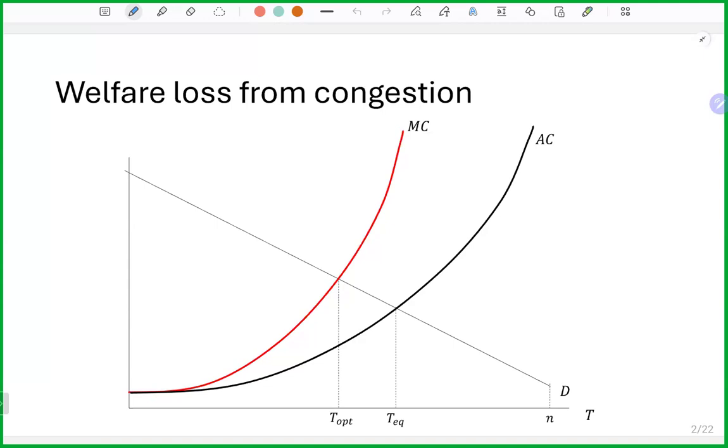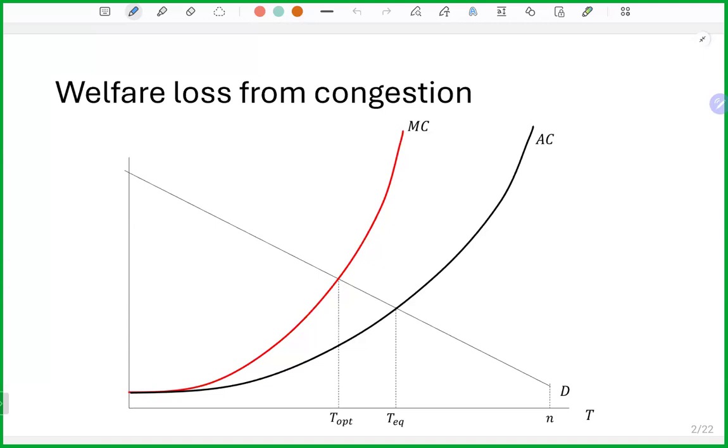So there should be fewer freeway users than at the equilibrium. And then we learned ways to prove why this is socially optimal. One way to prove that this point is socially optimal is to evaluate the grand total cost.